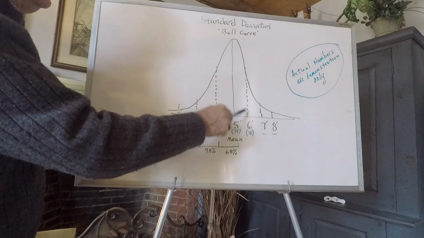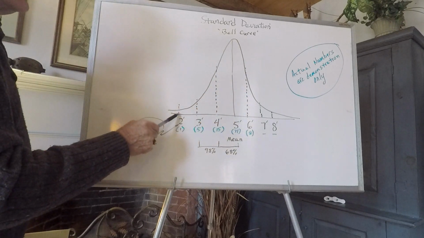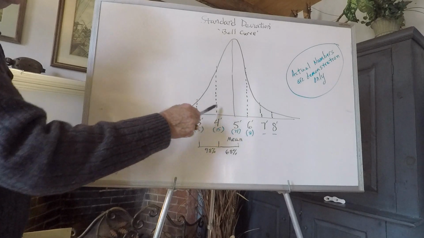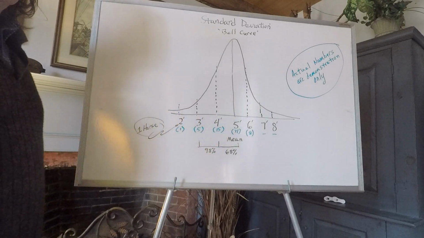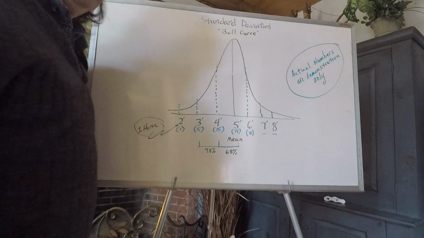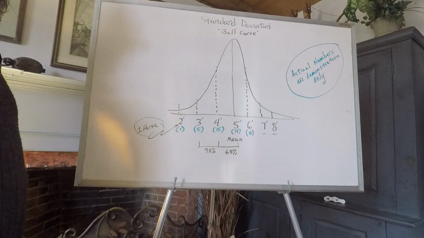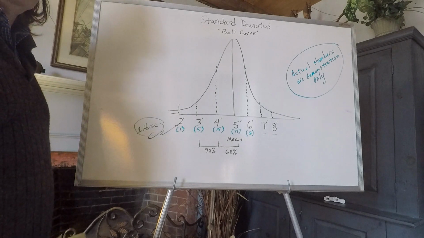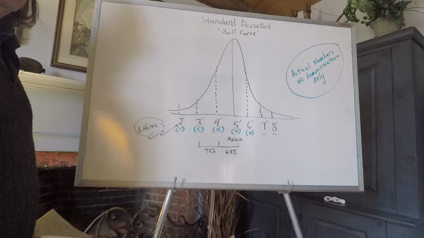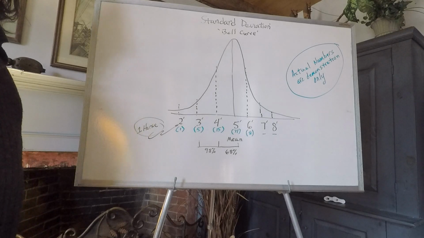This is 6 feet. So you can see that there are not very many of them way out here, 1, 2, 3 standard deviations from the mean. So when you get out in any probability distribution to 3 standard deviations, the likelihood of that event happening is very small. Okay.